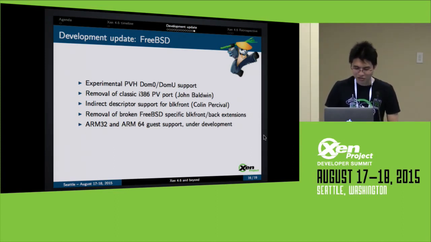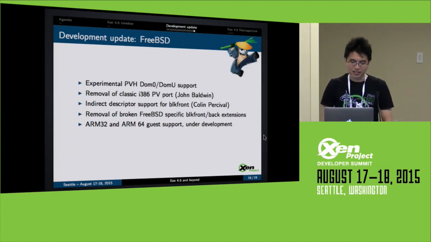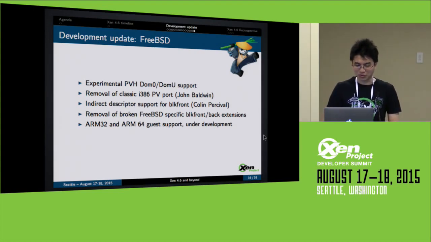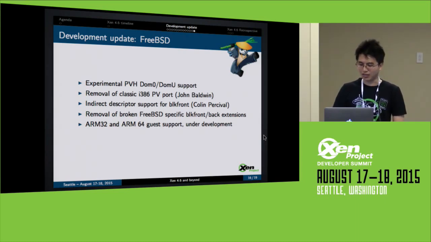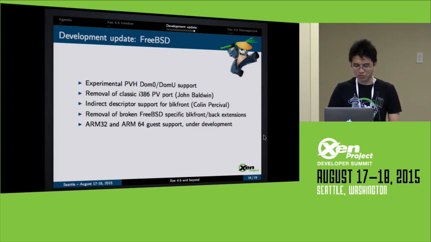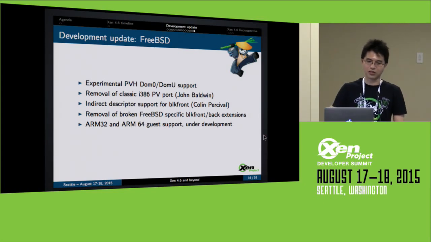And then John Baldwin removed the classic i386 PV port support. And then Colin Percival added indirect descriptor support for blkfront so that FreeBSD has better block driver performance. And then Roger also removed some very broken FreeBSD specific extensions. And then Julian worked a little bit on ARM32 and ARM64 support. It's still under development.